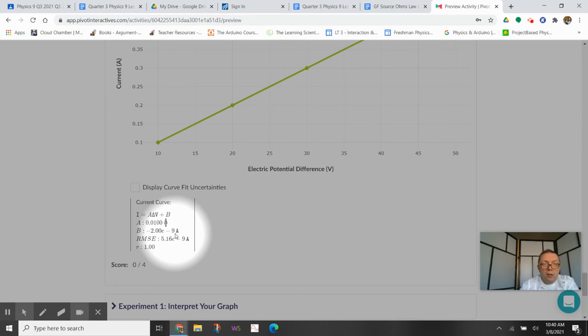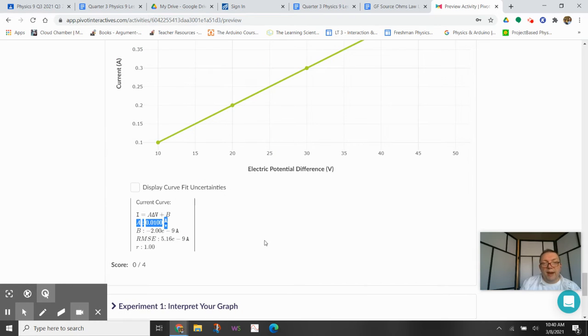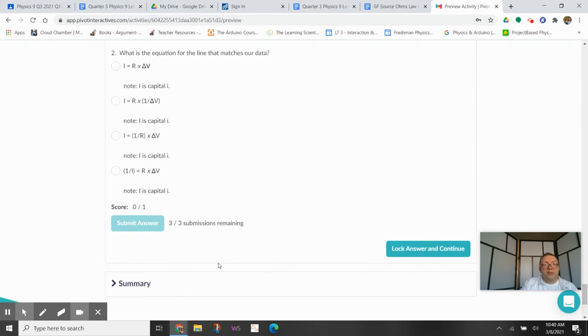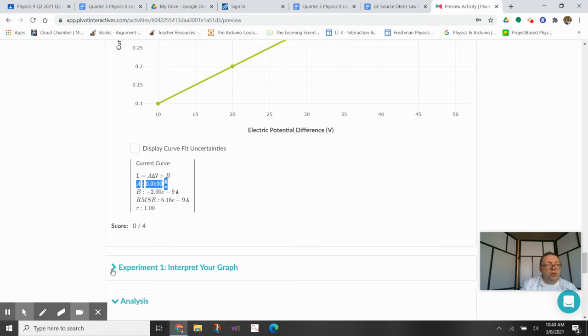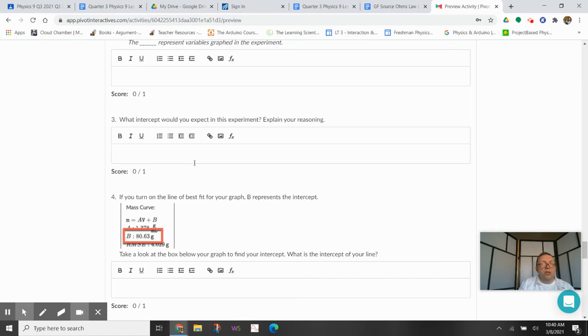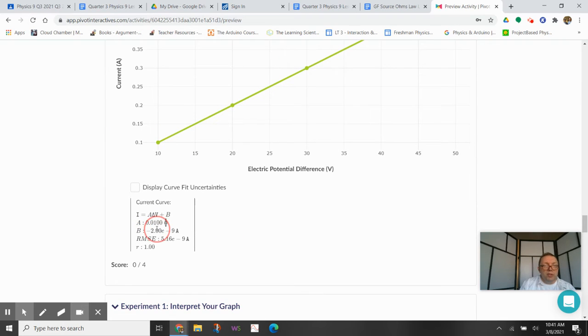I neglected to bring up this bit of scientific notation when you started doing this. The reason I point that out is that as we go on to some of these other questions, in the interpret your graph section, when it asks you to analyze things and it talks about what you would expect your y-intercept to be and what your y-intercept actually was, that's a spot where we need to understand what this part is.